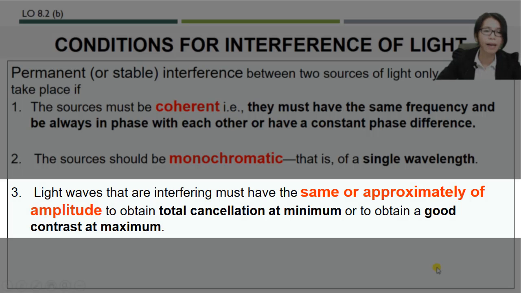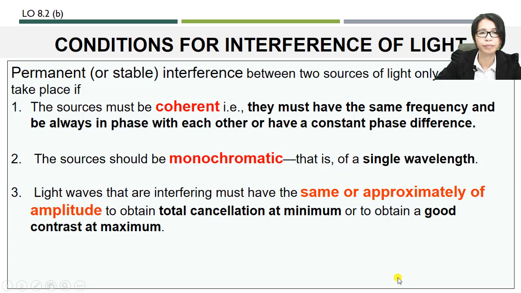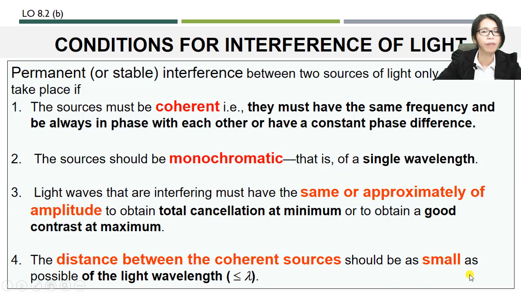Number 3, light waves that are interfered must have the same or approximately the same amplitude in order to obtain total cancellation at the minimum, so that we can observe a dark fringe, or to obtain a good constructive maximum, so we can obviously observe a bright fringe. 4.